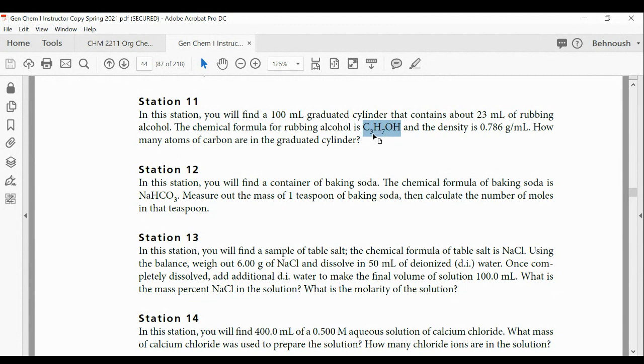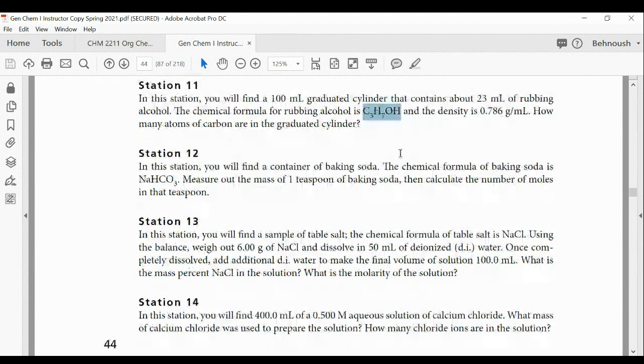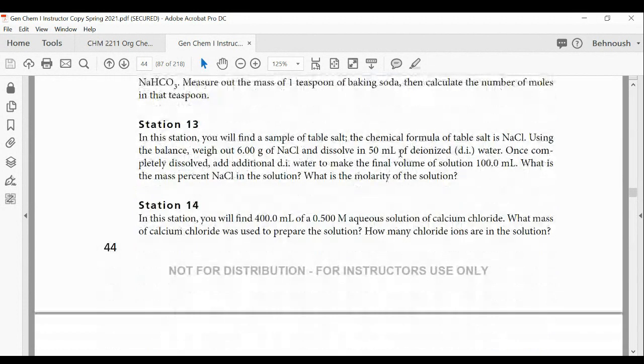Basically being able to count or practicing the ratio, subscripts, and the coefficients and all that. Any questions about 13 or 14?